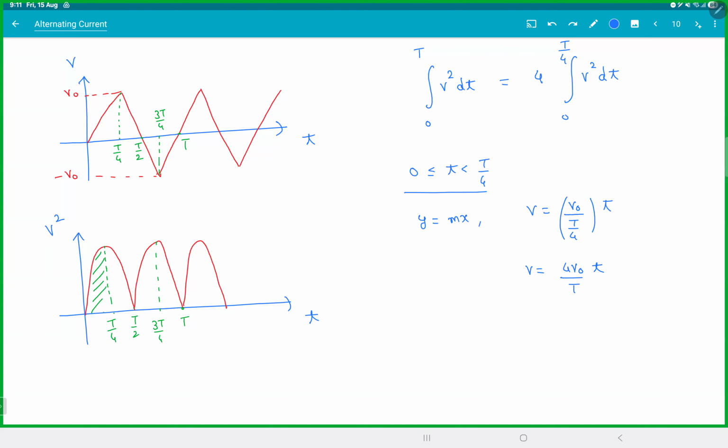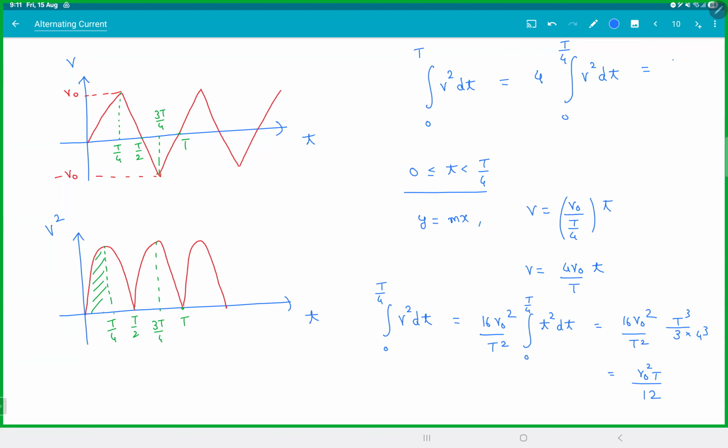Right, Niharika. So if you do integral v square dt from 0 to T by 4, this will be 16 V naught square by T square, times t square dt. You get V naught square T by 12.